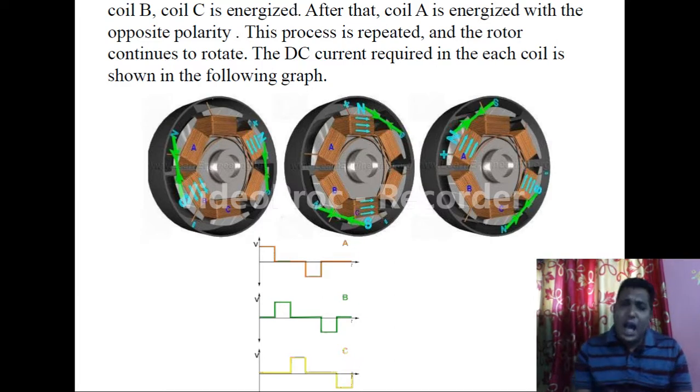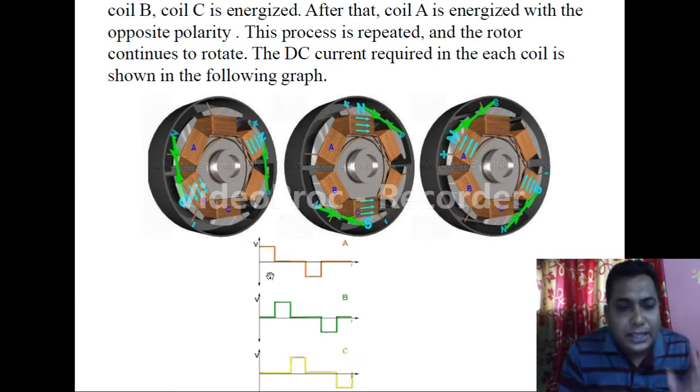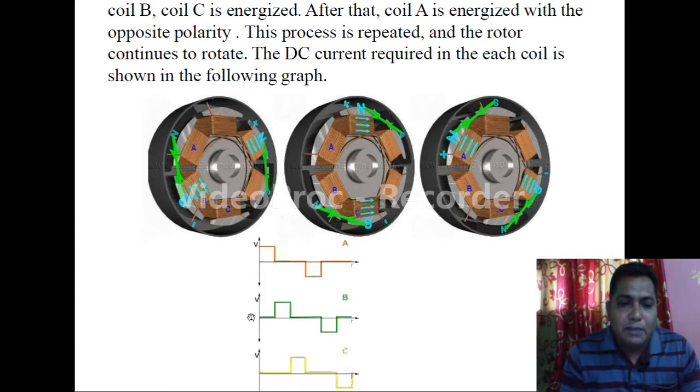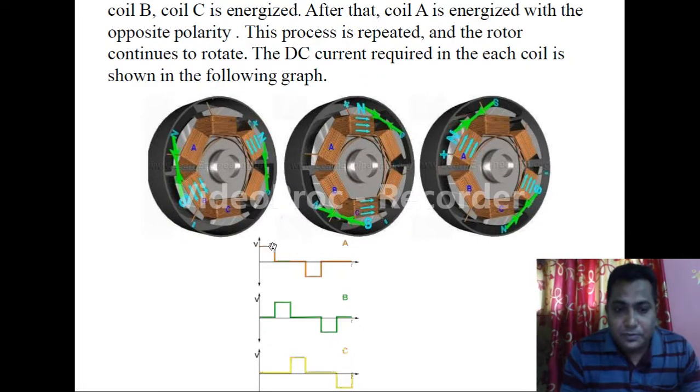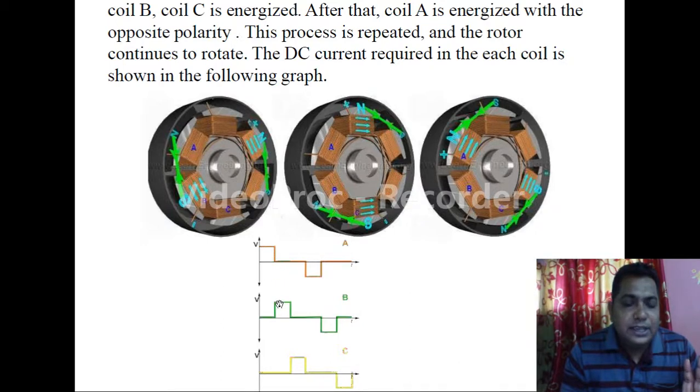So how are they giving that supply to the three coils? Follow my pointer: this is the coil number 1 supply, this is the coil number 2 supply, and this is the coil number 3 supply. First we are giving the supply to coil A, correct? It starts from 0, we consider it is given the supply. Then when it completes its supply, which phase is given the supply?